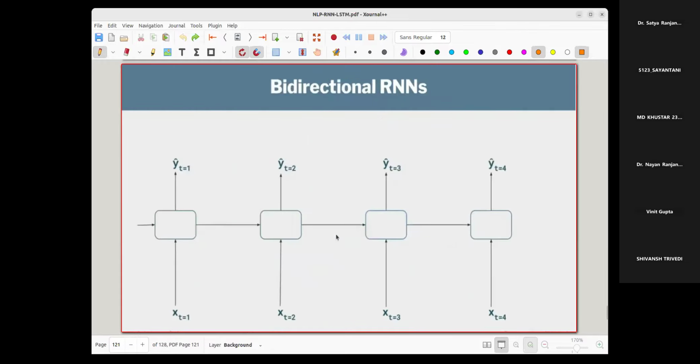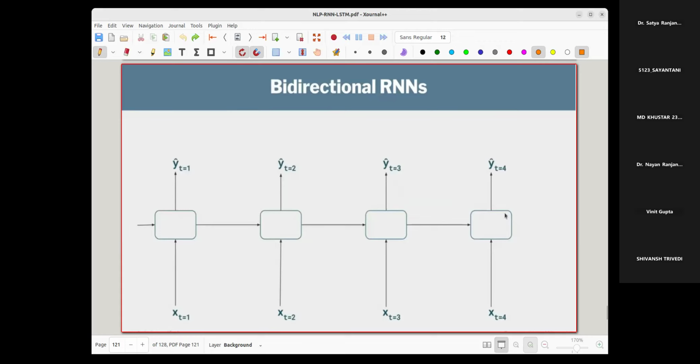Similarly, there is a bidirectional RNN. Why do we need it? Sometimes when we process the output, we are processing the RNN from left to right, and if you are at time step t equal to 3, you are only considering the previous 2 words.